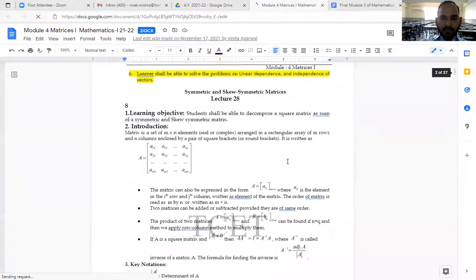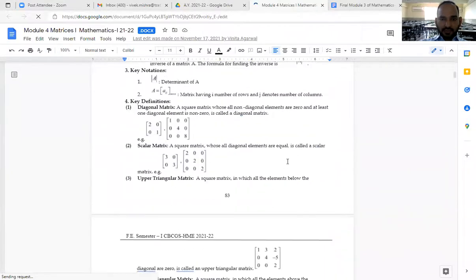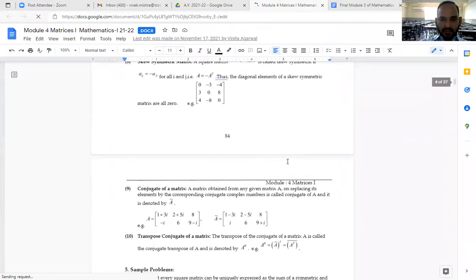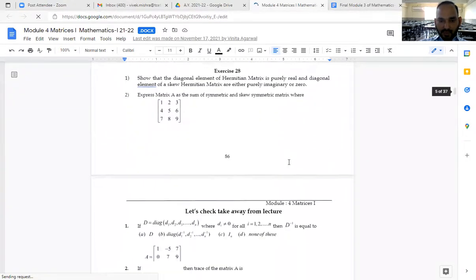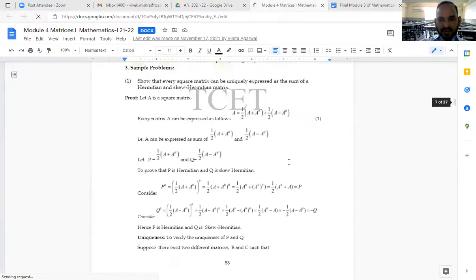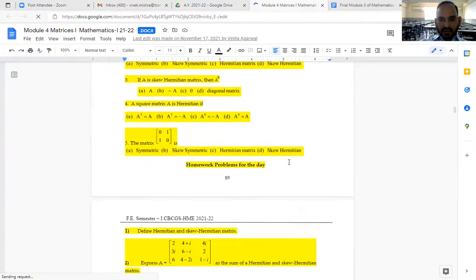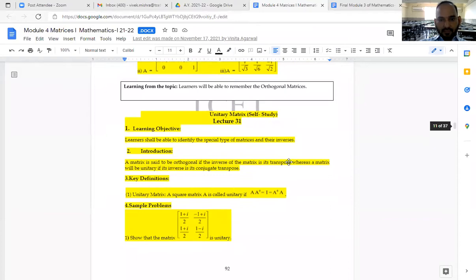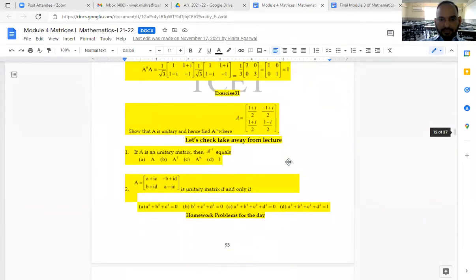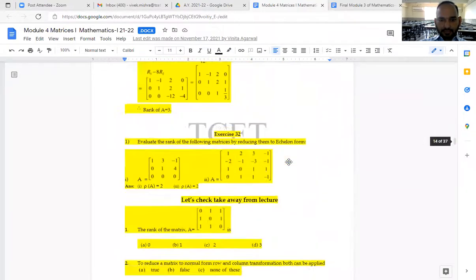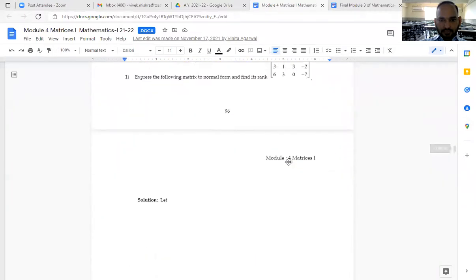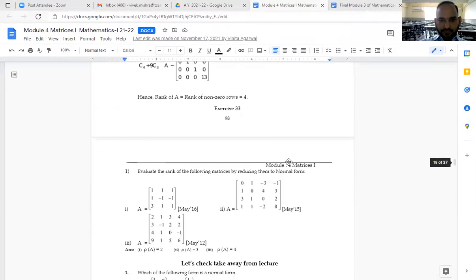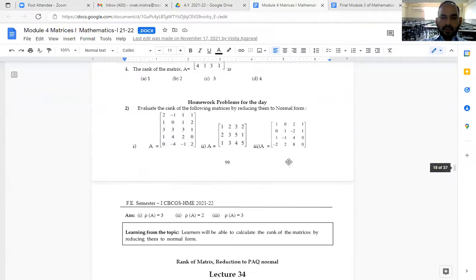I hope you all might have gone through this. Your next module is matrices. Matrices 1 you are studying here; matrices 2 you will be studying in semester 2.